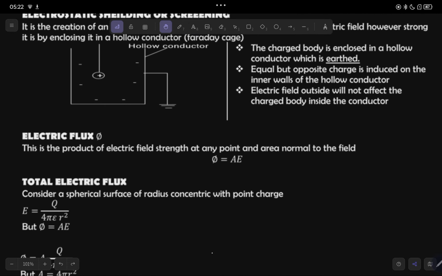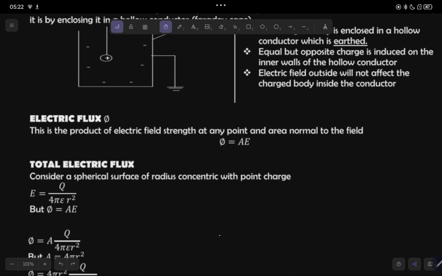Then we have electric flux. Electric flux is the product of electric field strength at any point and the area normal to the field. You have electric field strength shown by electric field lines.